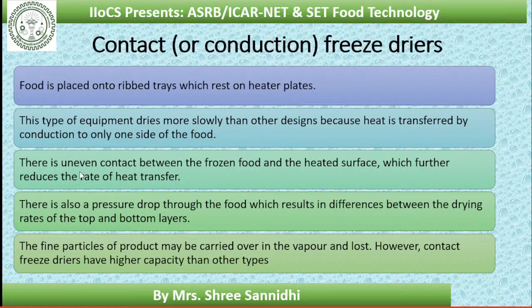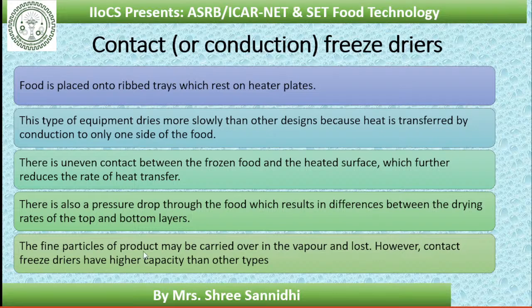There is uneven contact between the frozen food and the heated surface, which further reduces the rate of heat transfer. There is also a pressure drop through the food, which results in differences between the drying rates of the top and bottom layers.